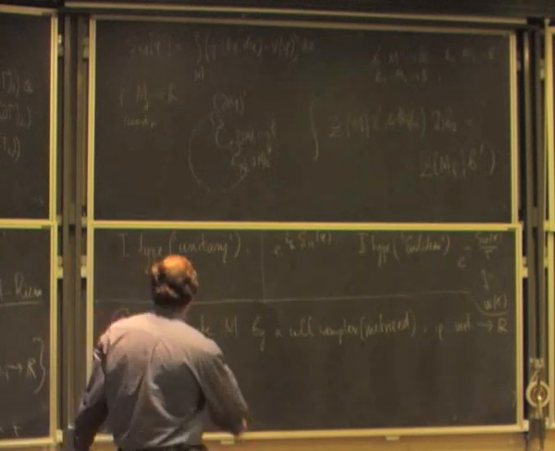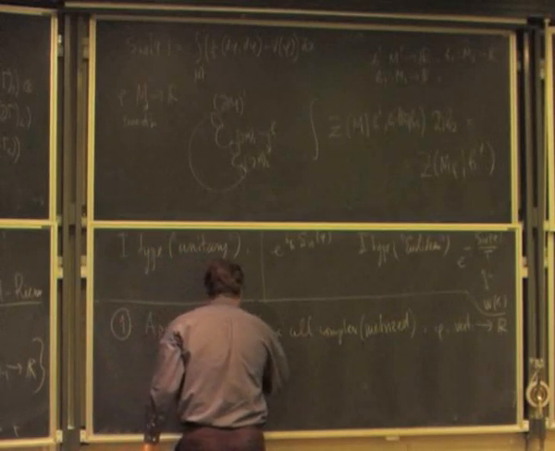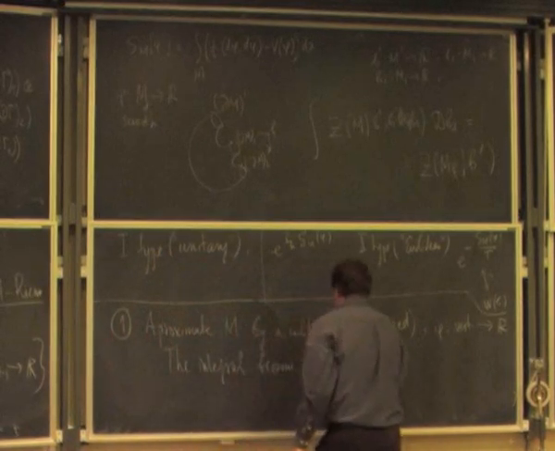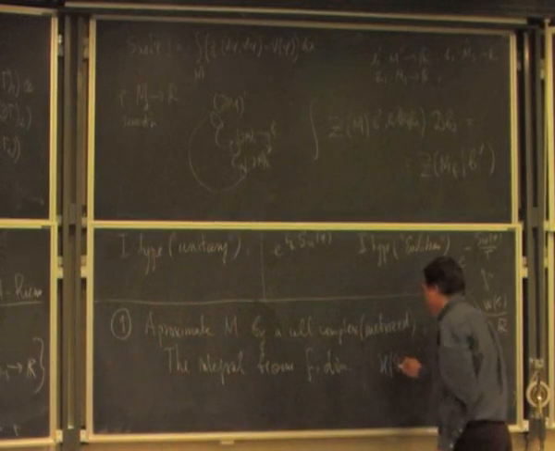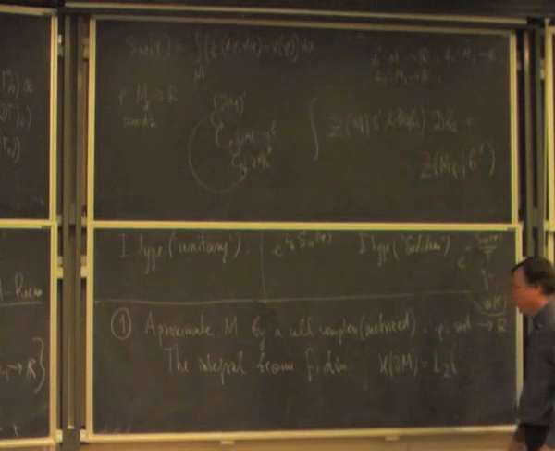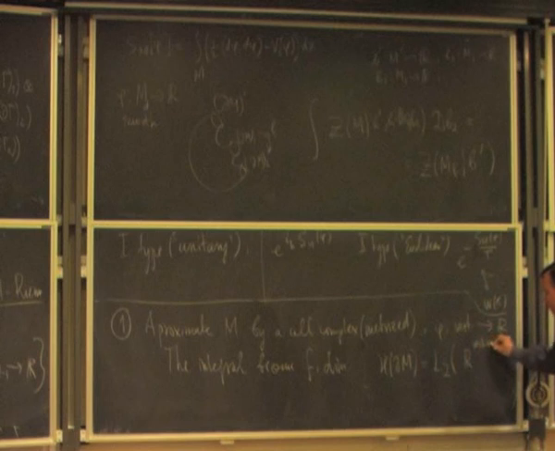So then the integral becomes finite dimensional. The space H of dM becomes L2 on R to the number of vertices on the boundary.